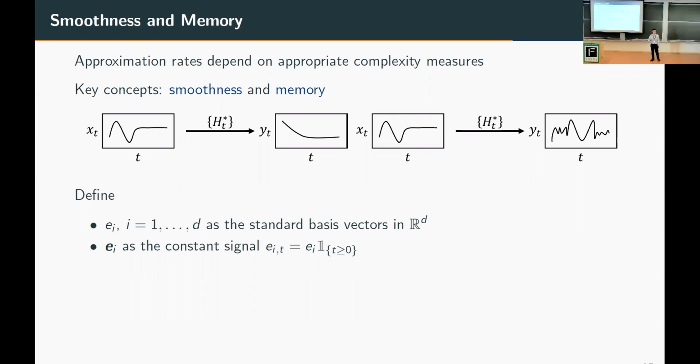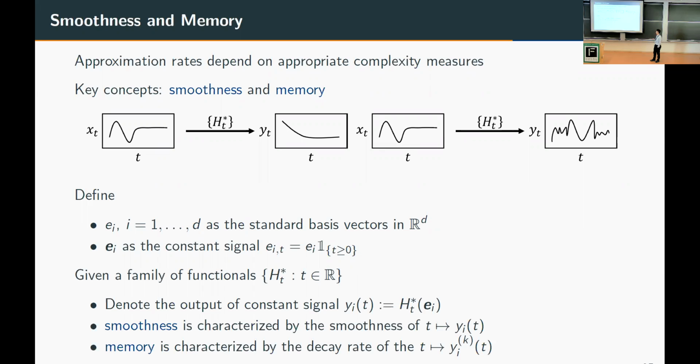So we kind of query the functional with these kinds of signals, and we simply define the smoothness as the smoothness of the output of this signal. Okay, so how smooth this part is. And memory is measured by the decay rate of the derivatives of this map.